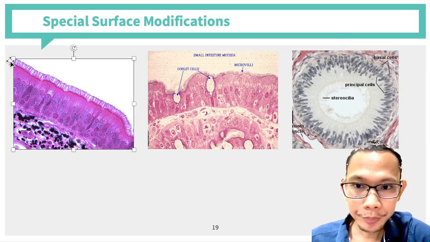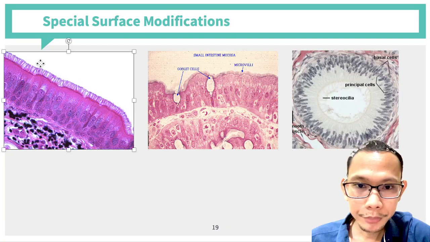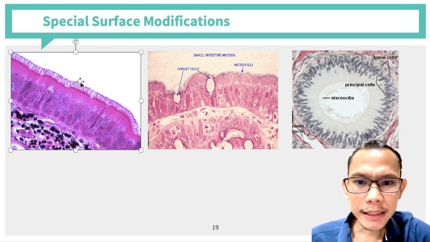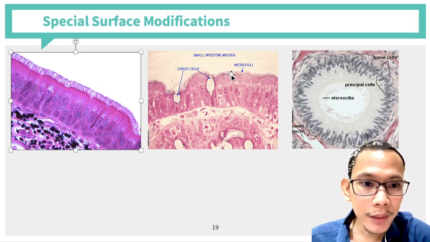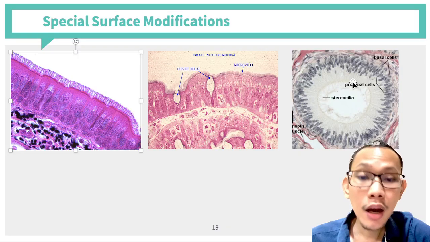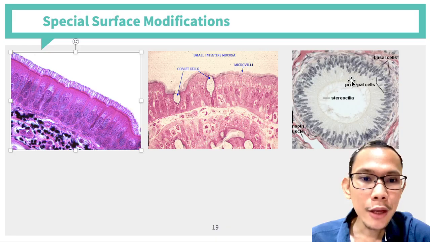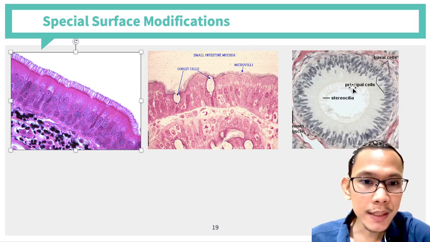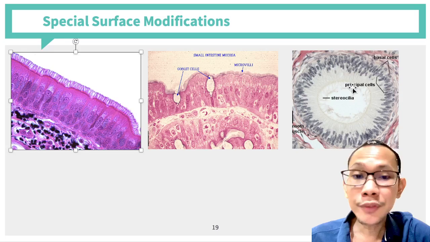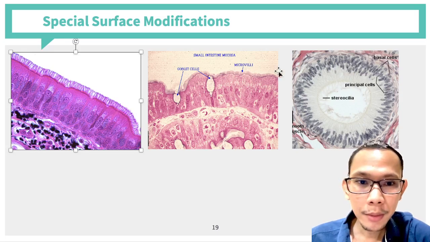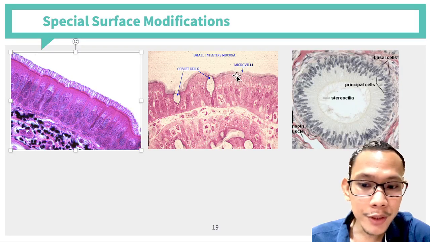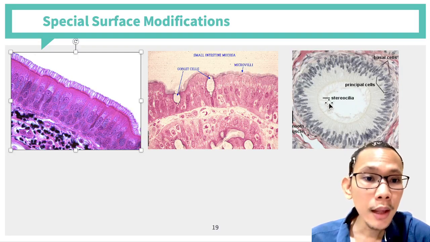Sabi natin kanina, your cilia are highly motile. Your microvilli and your stereocilia are non-motile. Now, how can we differentiate your microvilli and your stereocilia since both of them are non-motile? Of course, your microvilli, the length of their structure, they are very small, but your stereocilia are highly branched.